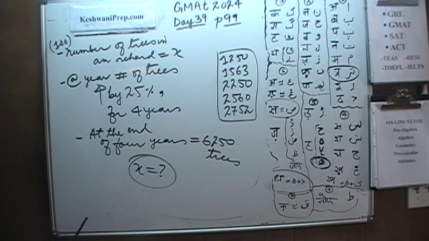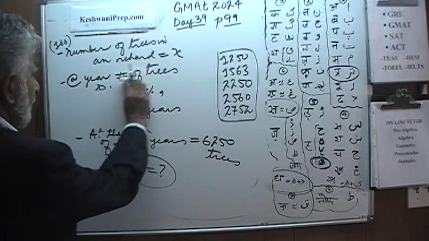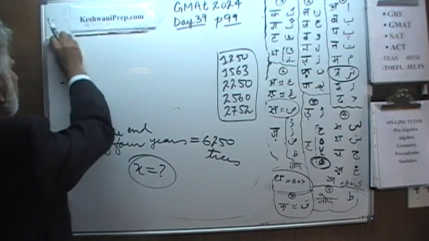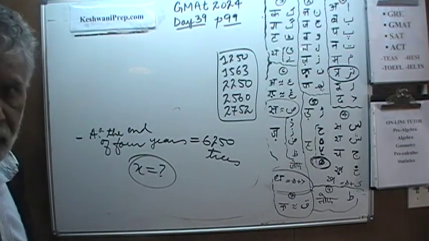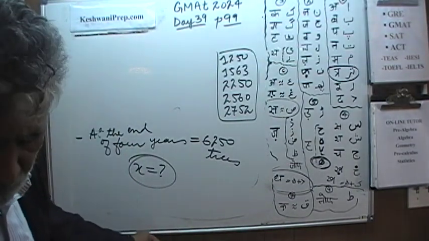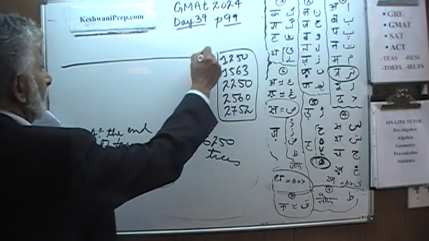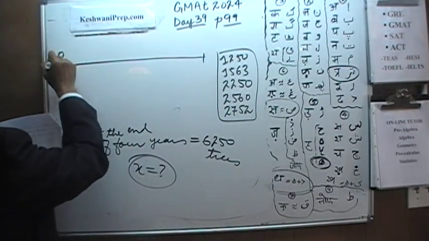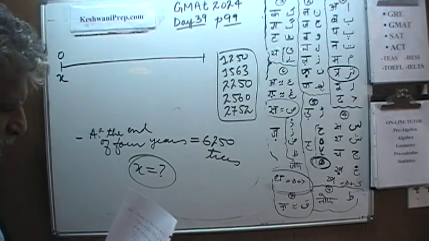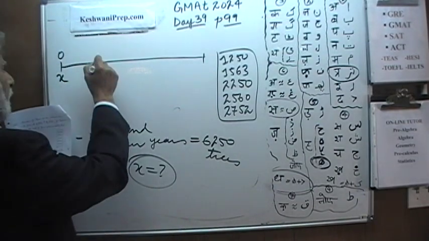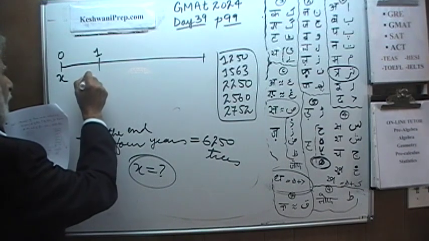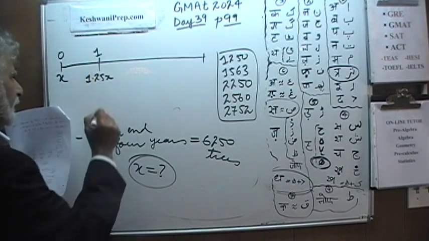Well, let's see what we can do, shall we? Okay, I need the room again, so we can erase all of this. Let's set it up on a timeline, so it's easier to visualize. We're starting out with x. At the end of the first year, we'll have 1.25x.